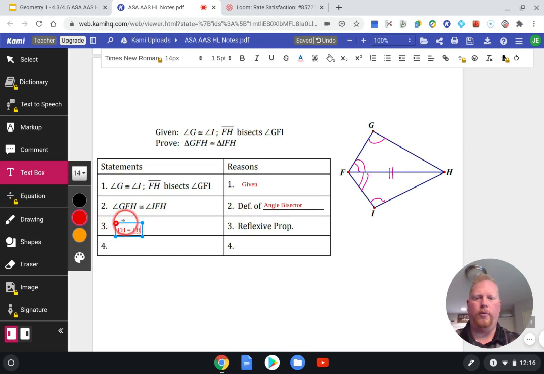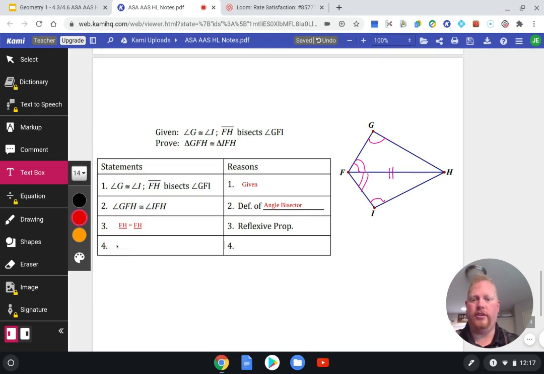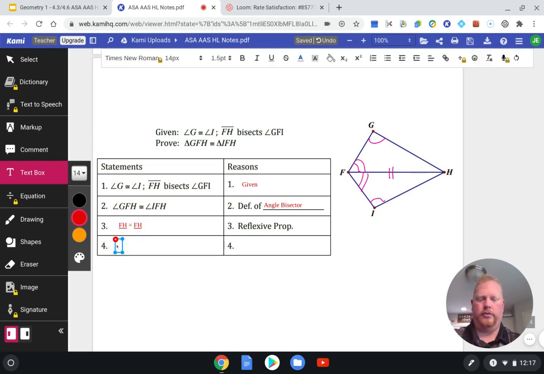Now, if I take a look at what I have in the diagram, I have two sets of marked angles and then a side that's not in between those two angles. So I can say that triangle GFH, and there's no symbol for a triangle on this program, so I just have to write triangle, so I'll abbreviate that tri.